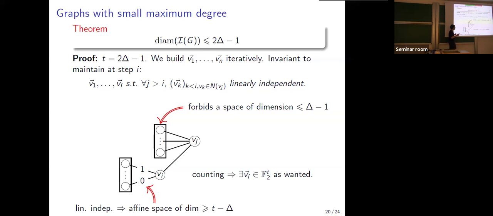And on the other hand, you need to avoid, for every neighbor v_j of v_i, the vertex you are processing, a space of dimension at most delta minus 1 to be sure that the invariant holds. And now, if you count correctly, you show that indeed there is a vector that satisfies these two constraints. You continue like that.